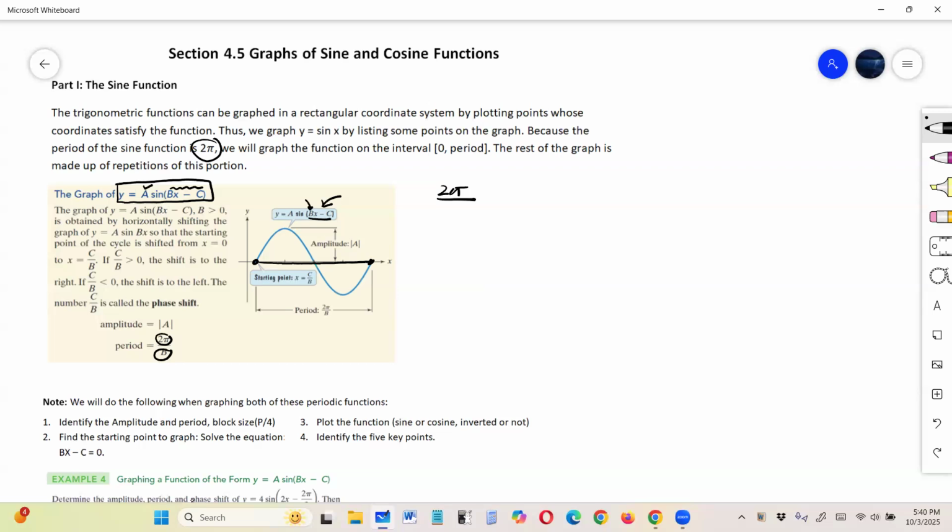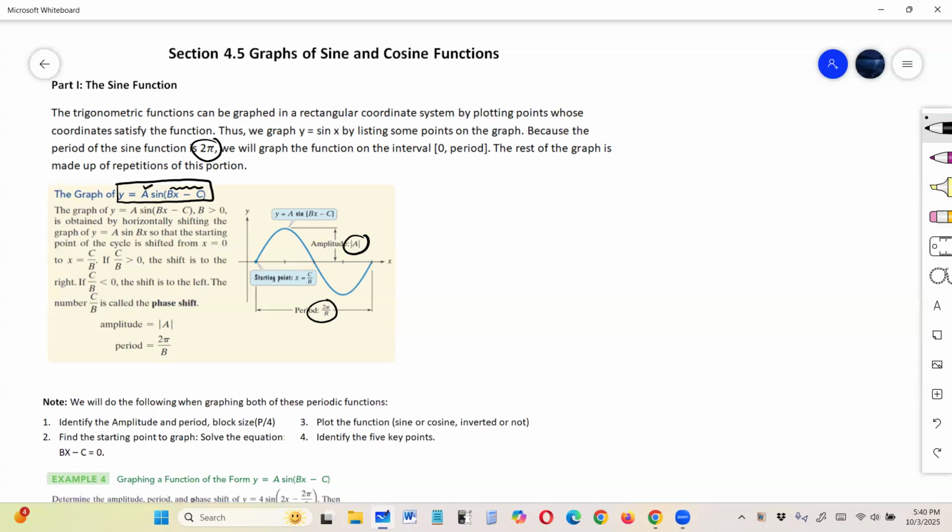And this is the same thing for sine and cosine. So for both sine and cosine, even though we'll take a look at it later briefly, the amplitude is the absolute value of A, and the period is 2 pi over the coefficient B.